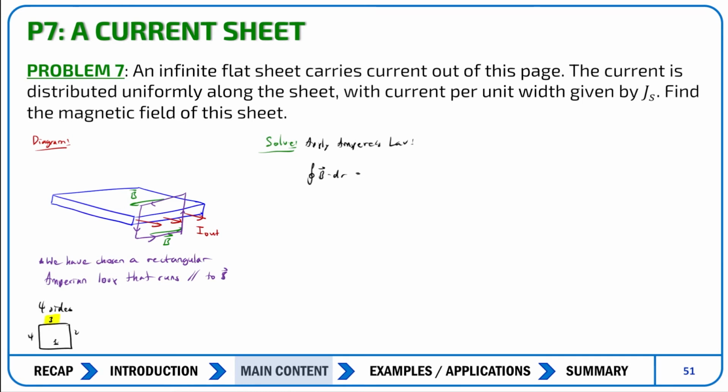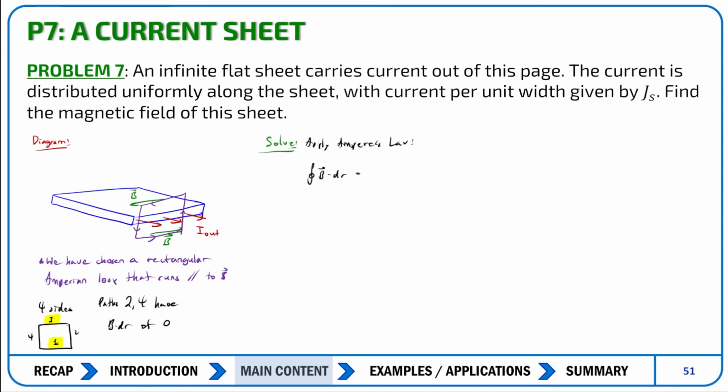So we want to care about 3 and 1, whereas 2 and 4 are going to be 0 valued. So paths 2 and 4 have B dr of 0.